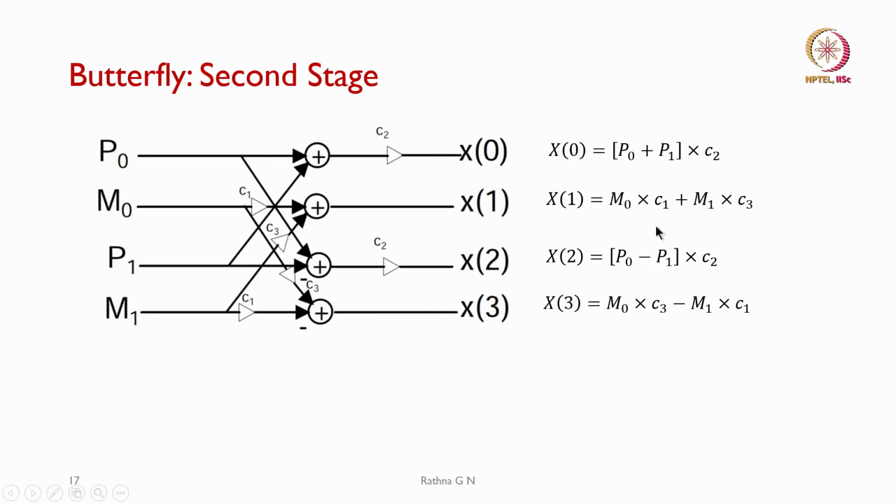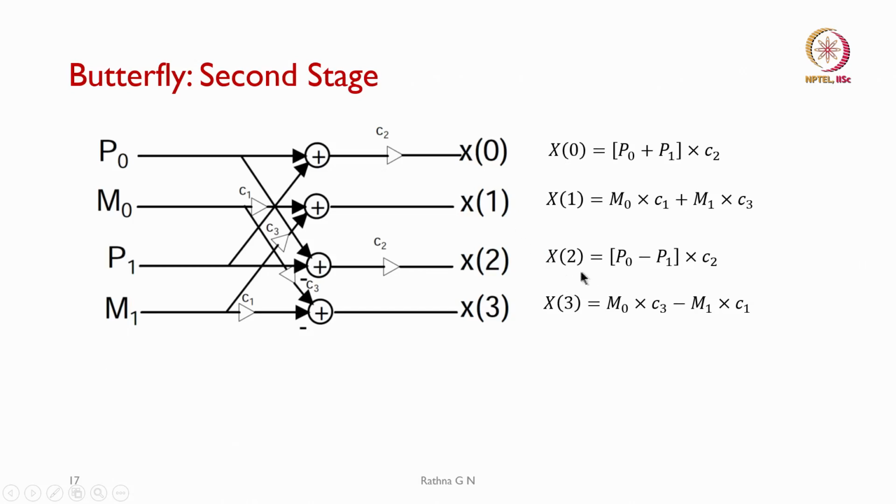So, the next one is x of 1, which is M0 into C1 plus M1 into C3. So, you have M0 with the C1 coefficient and then M1 with the C3 coefficient. You multiply both of them, add them, you will be getting your x1.